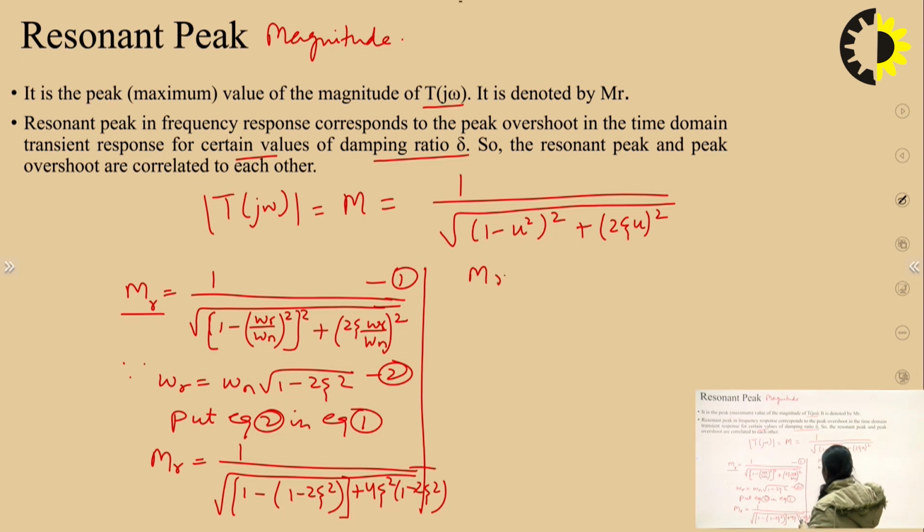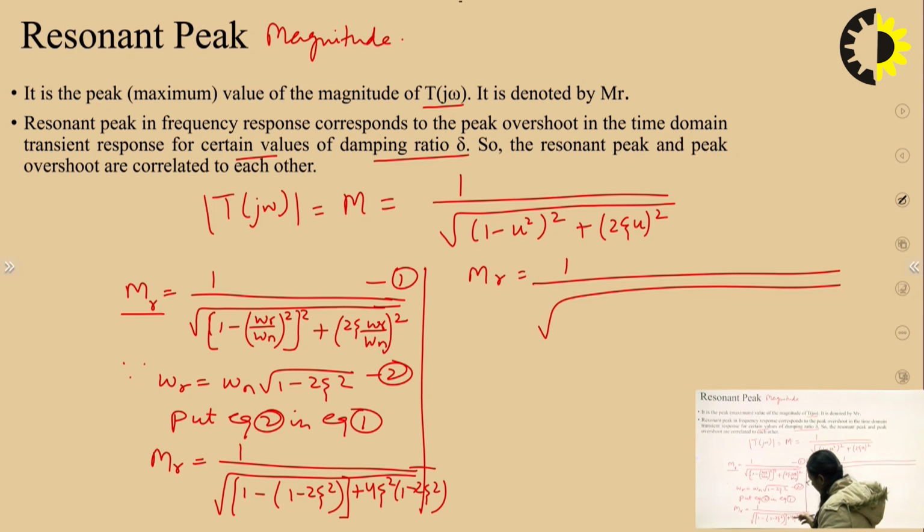MR will become 1 upon under the root, I am solving this term, it becomes 1 minus 1 plus 2 zeta square.